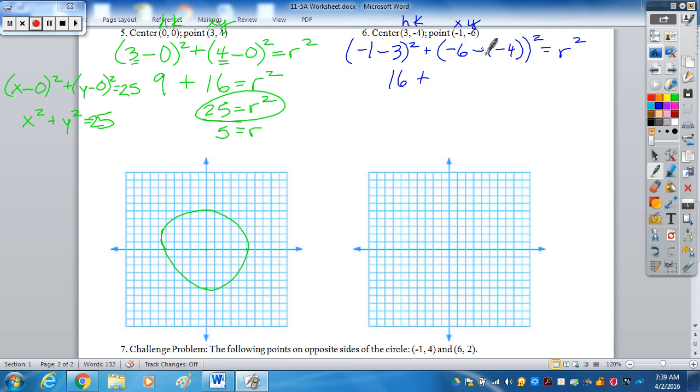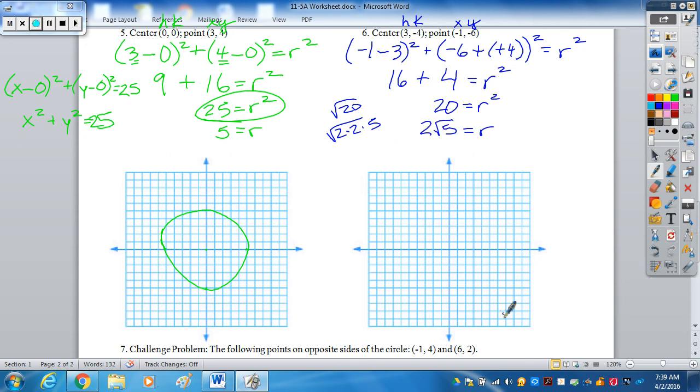I have negative 6 plus 4, which gives me negative 2. Negative 2 squared gives me a positive 4. Well, I have 20, and the square root of 20. If I do the square root of 20, I'll write it over here. That gives me 4 times 5, which is going to be 2 radical 5.